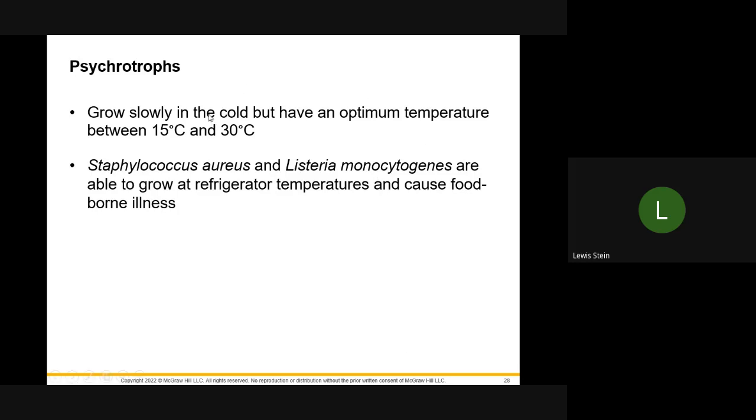There are organisms that favor growth in the cold, because refrigeration doesn't stop the growth; it slows it down. Freezing is a whole different way of controlling things. There are a lot of variants of normal organisms that actually favor cold weather.